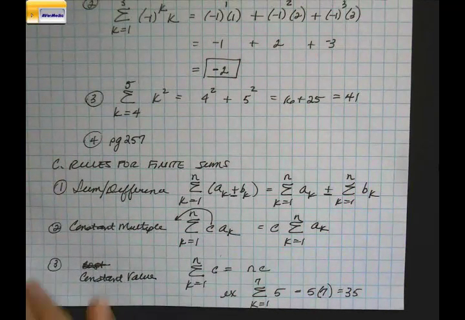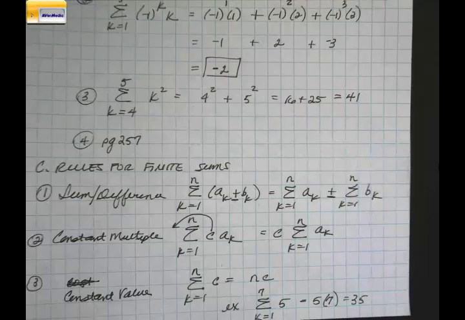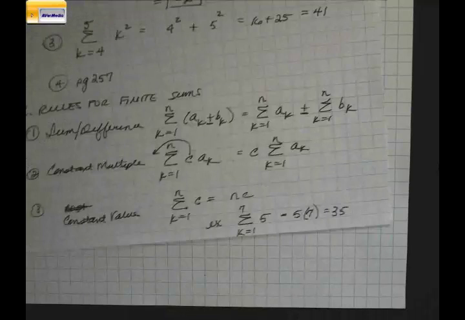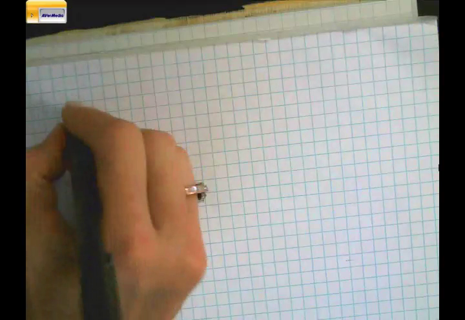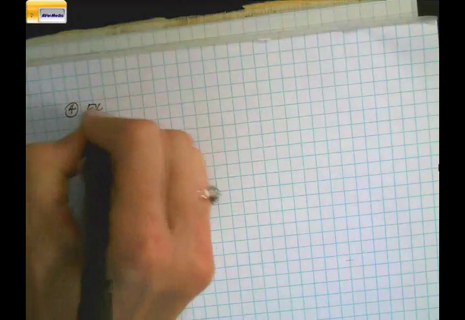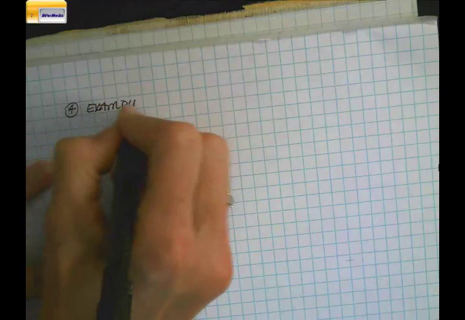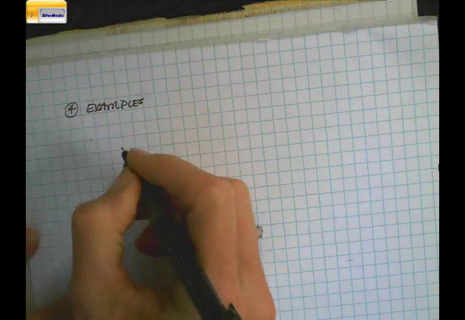So let me do some examples of applying these, which is not difficult. It's very basic. So 1, 2, 3, I'm going to let this be number 4, being examples. These, like I said, they're not difficult.